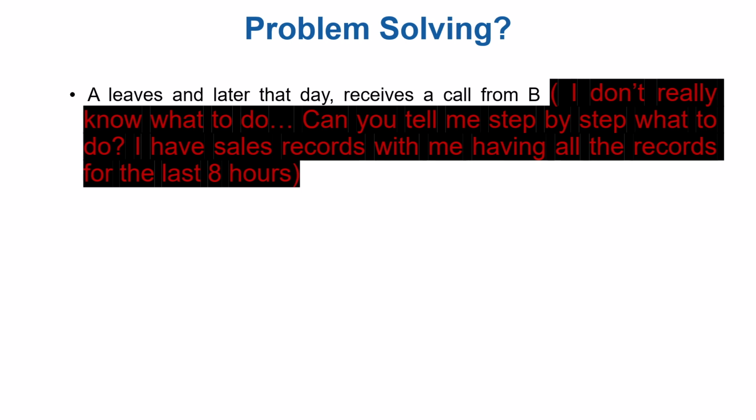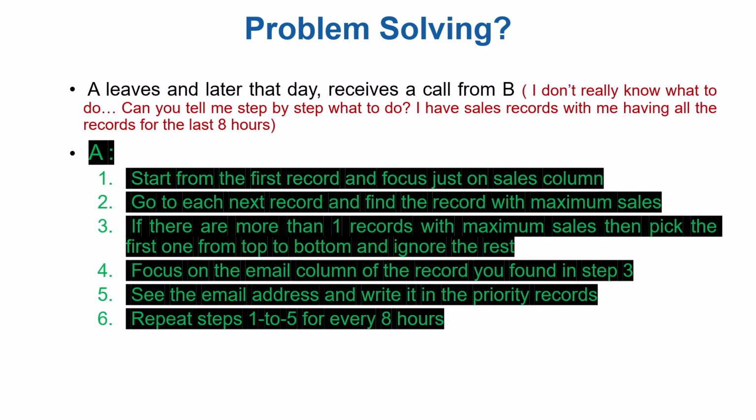And then on the call, A just described a procedure to B for his job. That procedure, or a general solution. Let's see the solution. A said, number 1, start from the first record. There may be several columns of the record: the customer name, the customer phone number, the customer email, the products that he bought, and the total sales.